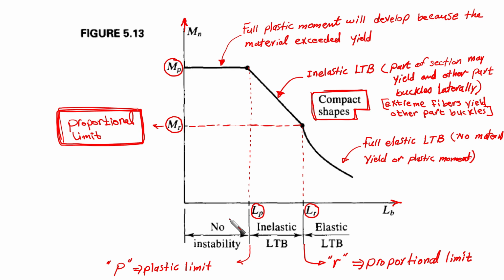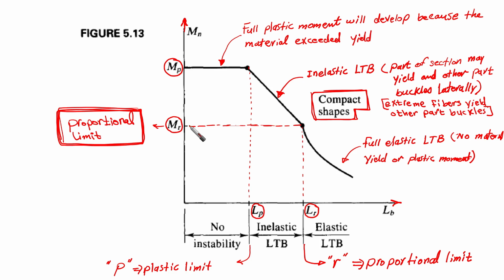The point is we are going to categorize the shapes, or we are going to categorize the failure modes, based on the unbraced length. So we're going to put on the horizontal axis LB, which is the unbraced length. And you understand now the meaning of unbraced length. It is the distance between the bracing points of the compression flange.